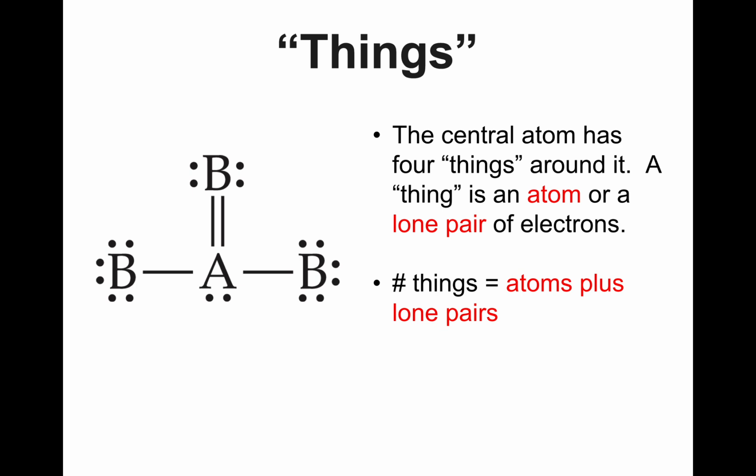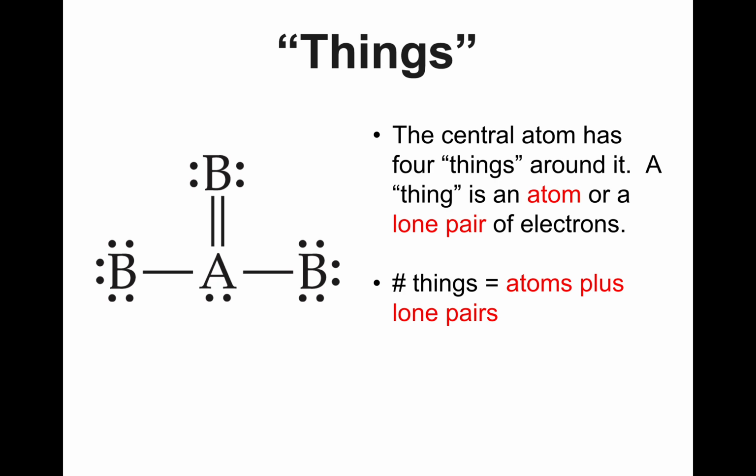Anyways, element A is bonded to element B through a single bond, then a double bond, and then another single bond. Even if it's a double bond, we're just going to still call it one thing. I know "thing" is not very scientific, but I've found that focusing on just the things around the central atom helps with electron geometry.